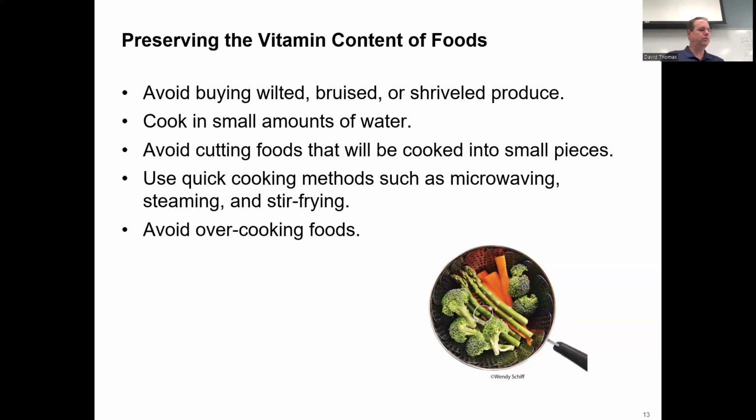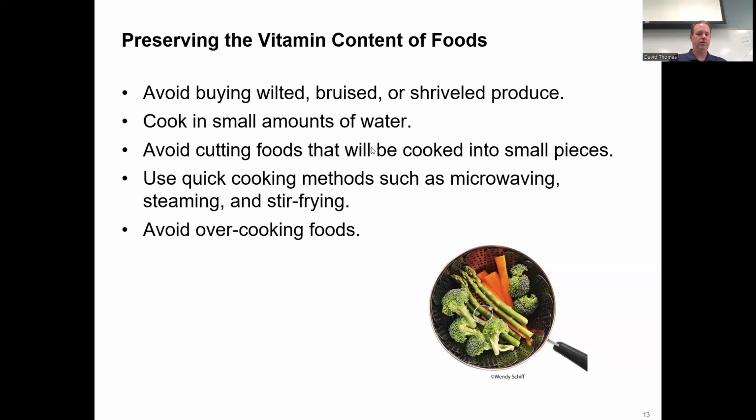So look for ways to prepare vegetables either in a raw state, or maybe steaming them, cooking them with small amounts of water, steam, and that'll help to conserve some of that natural vitamin content that's there. Avoid cutting foods that will be cooked into smaller pieces.